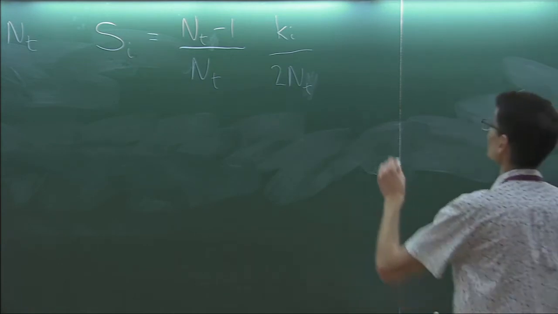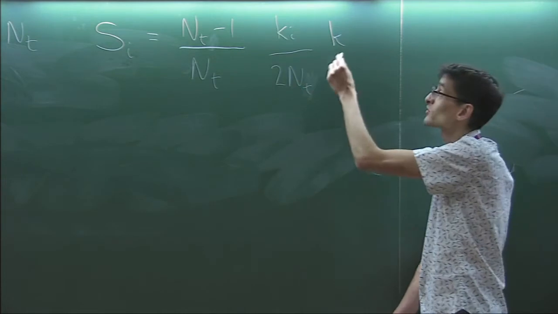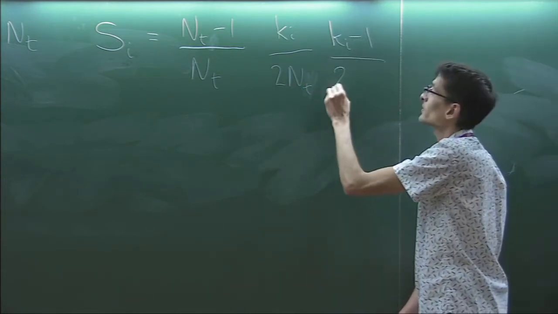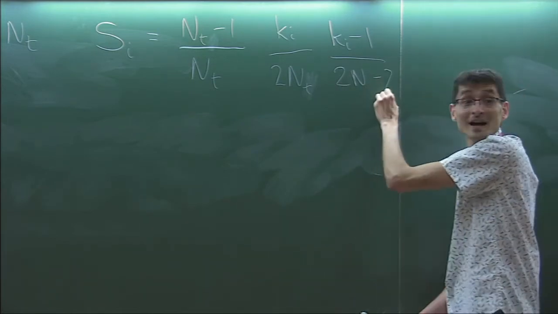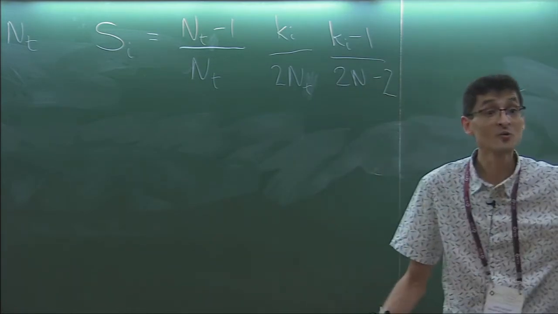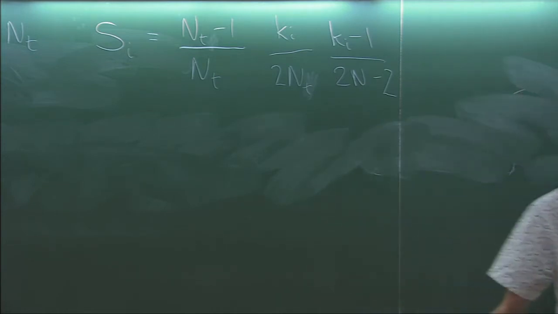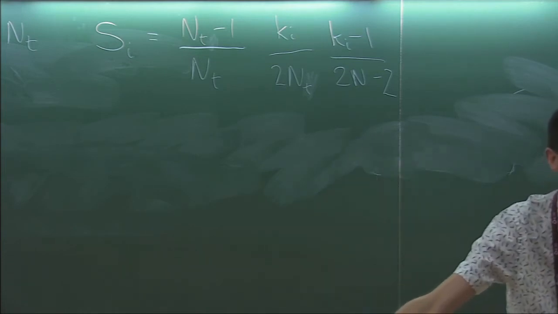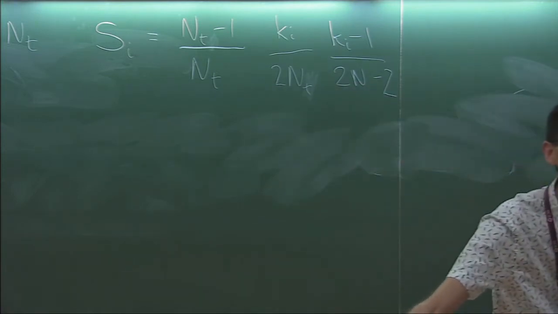Ki minus 1, yes, right? We've already accounted for 1, so there's only ki minus 1 left out of the 2n minus 2 actually, right? Because we've already accounted for the fact that the first one came from a different individual in the current generation from the second one. So when we think about the second one, there's already 2 alleles removed.